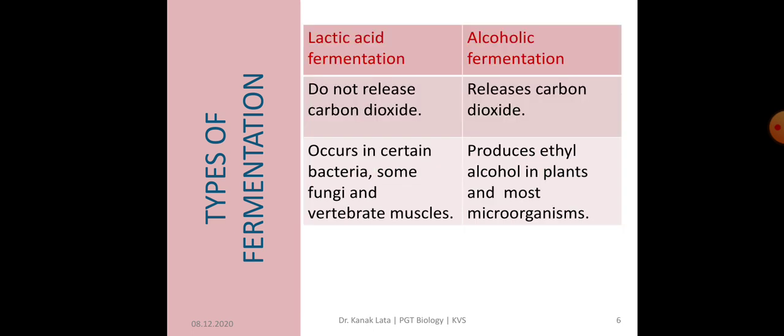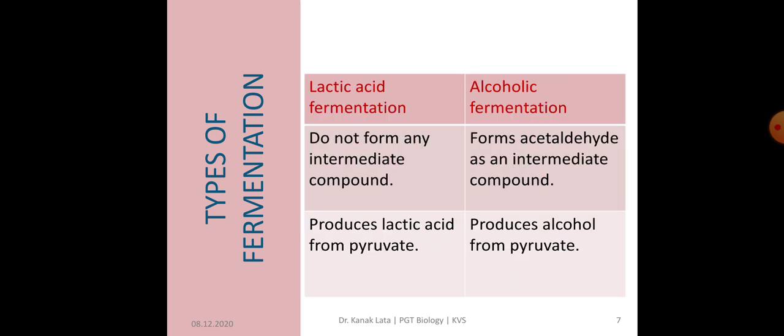Lactic acid fermentation does not release carbon dioxide, whereas alcoholic fermentation releases carbon dioxide. Lactic acid fermentation occurs in certain bacteria, some fungi and vertebrate muscle cells, whereas alcoholic fermentation produces ethyl alcohol in plants and most microorganisms.